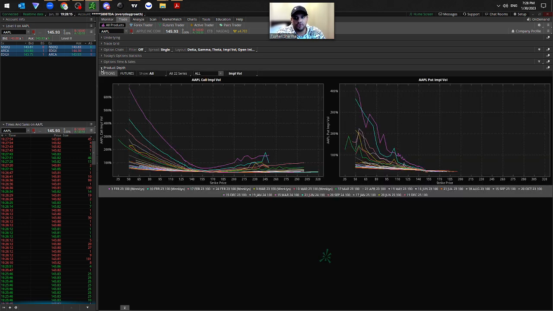And then you have product depth. This shows you the Apple calls' implied volatility between all of the strike prices. So implied volatility on this scale, and then strike price on this scale, and then the put volatility on the other side. You can see, for the higher strikes on Apple, there's not that much volatility on the put side. Why?